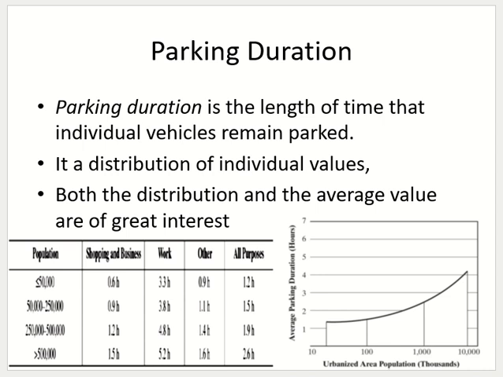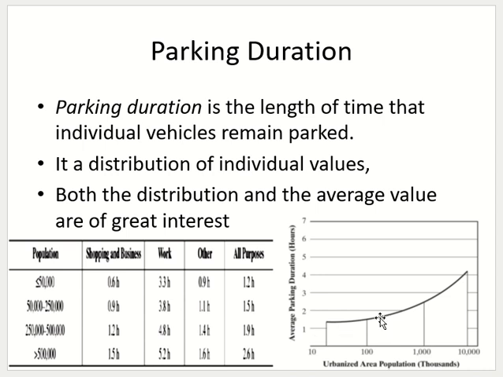That means everybody is there for the same purpose. But if the range is from 5 minutes to 3 hours, then it means that there are some people who are there for a very short trip, and there are some people who are there for hours. So that's why it's important. It can give you an idea about the trip purpose.